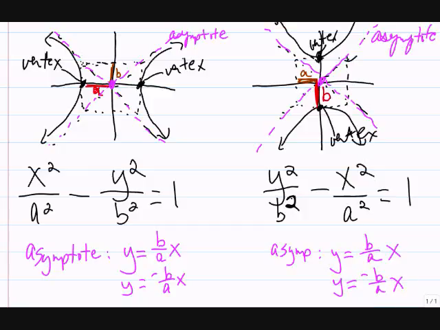And if that center isn't at 0, 0, then that equation is going to have to be adjusted and translated over. But for right now, since we're doing the center at 0, 0, we're going to make things easy.